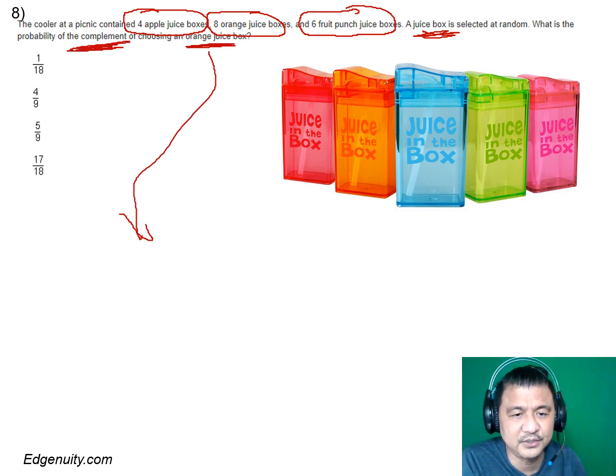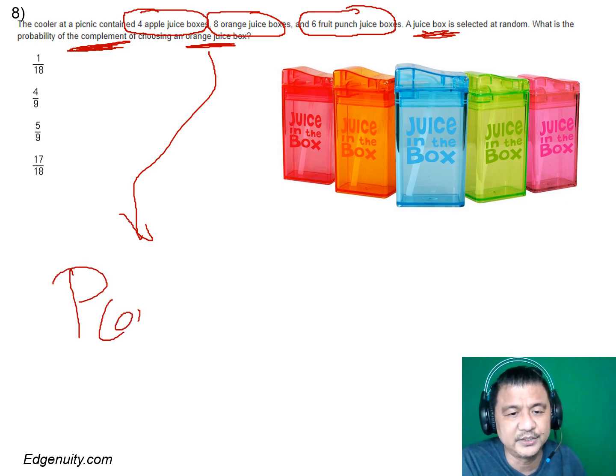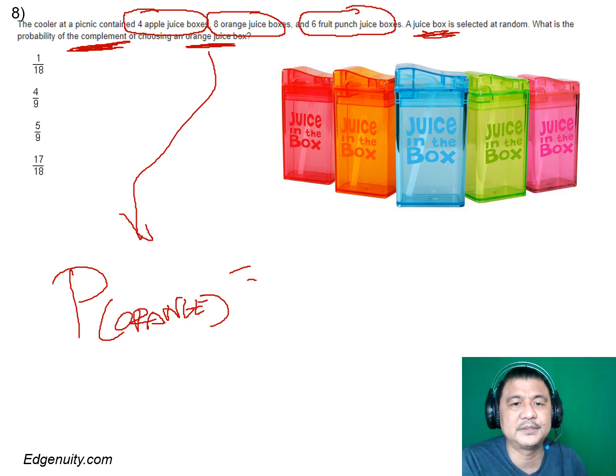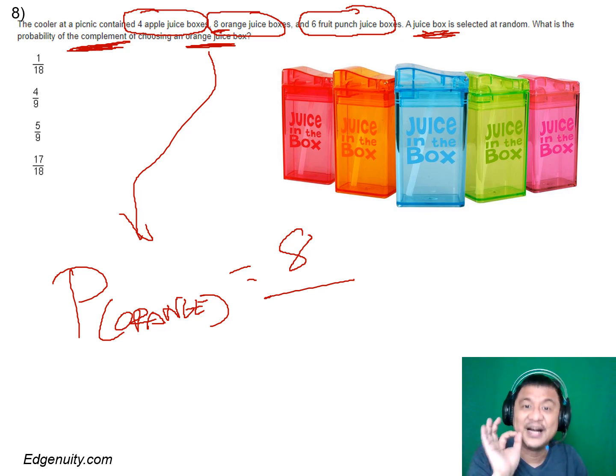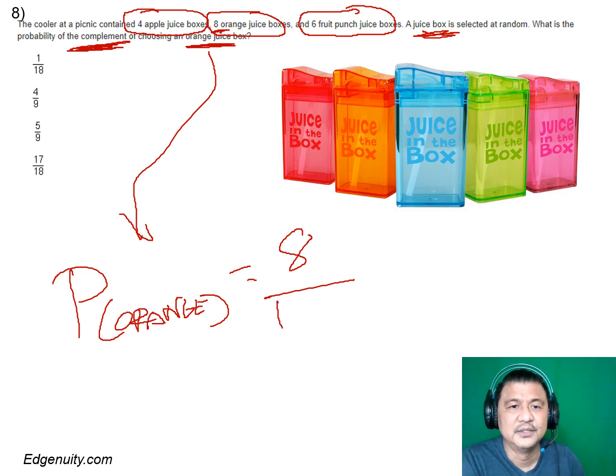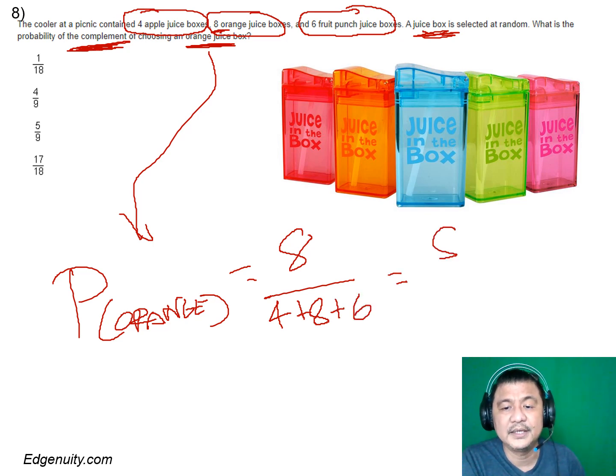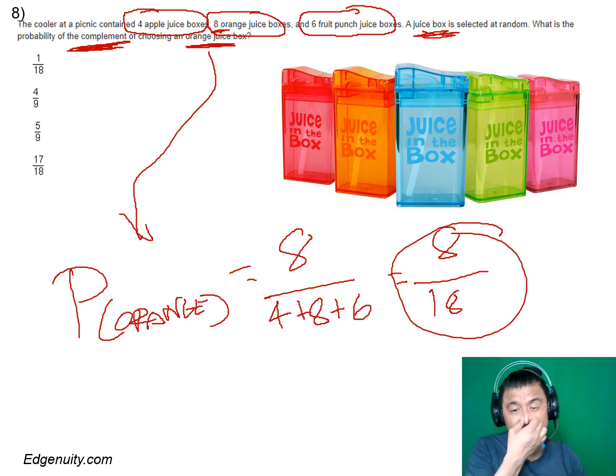Okay, let's do the probability of getting the orange first. The probability of getting an orange is how many? 8. Right. 8 over the, what will I do? Yes, add the total. 4 plus 8 plus 6. So that's going to be 8 over 18. That's the probability of getting an orange.